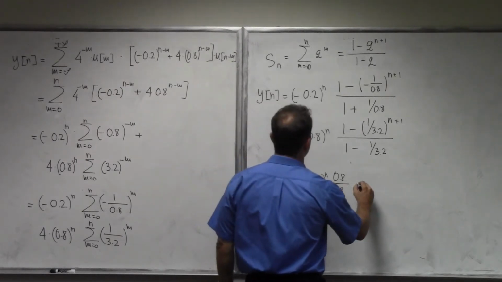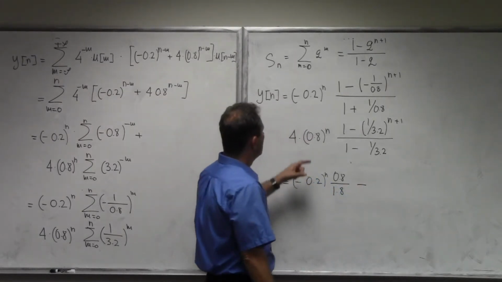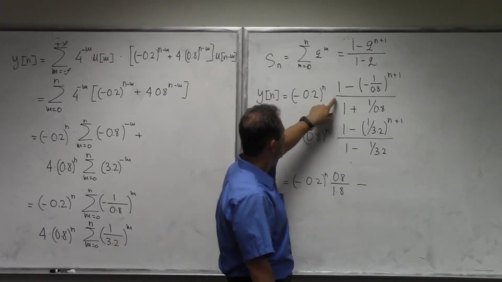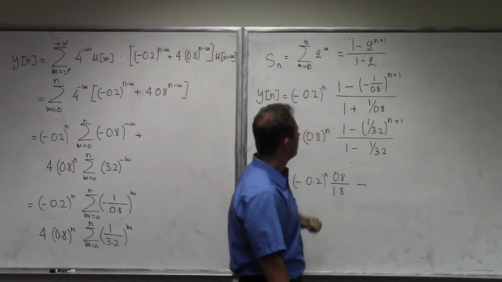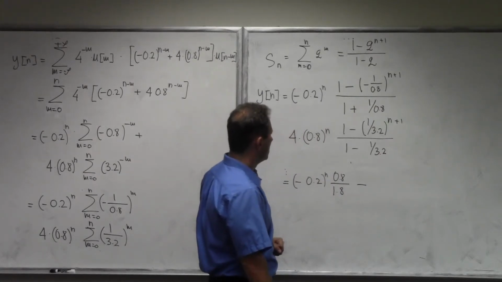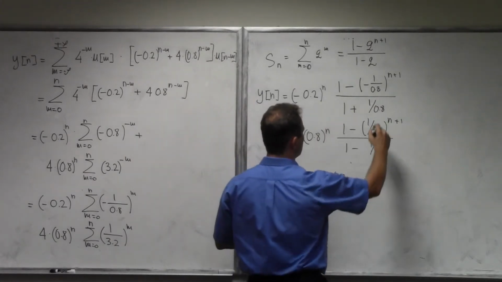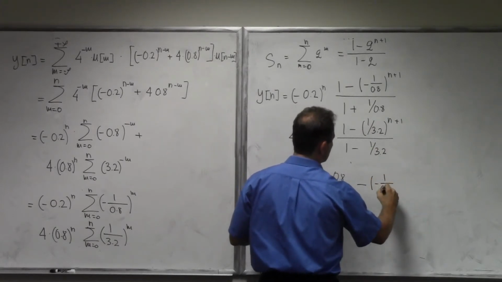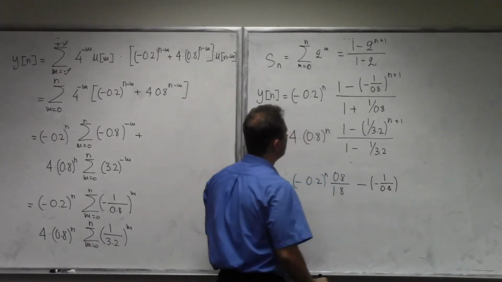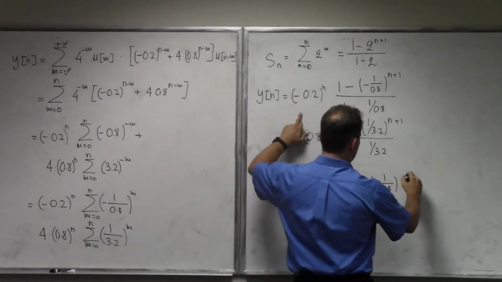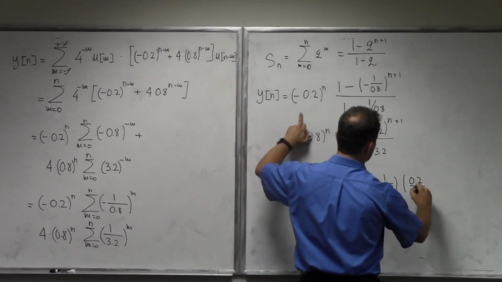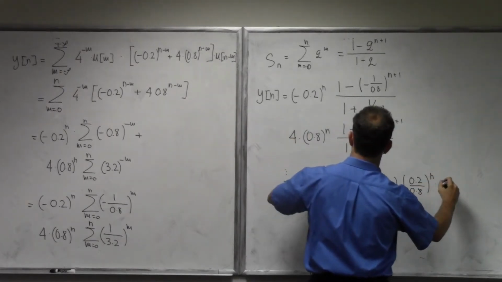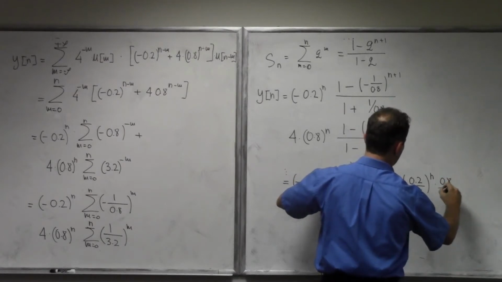Then you have minus, now I have 0.2 to the n and minus 1 over 0.8. So I can say that this is, let me take minus 1 over 0.8 outside, and then I have 0.2 over 0.8 to the n, and then I have that multiplied by 0.8 over 1.8.